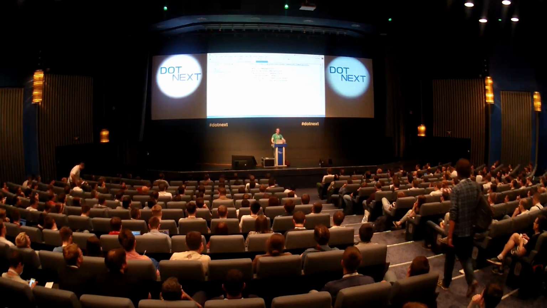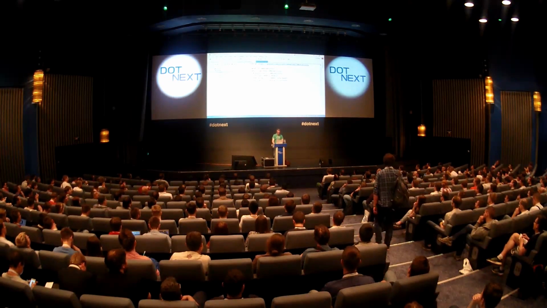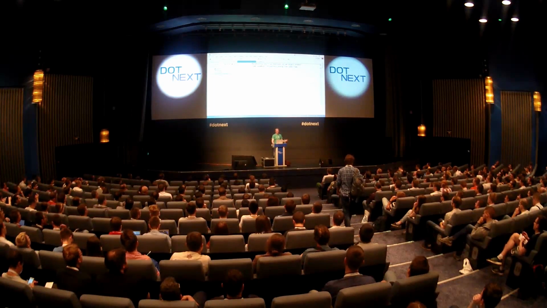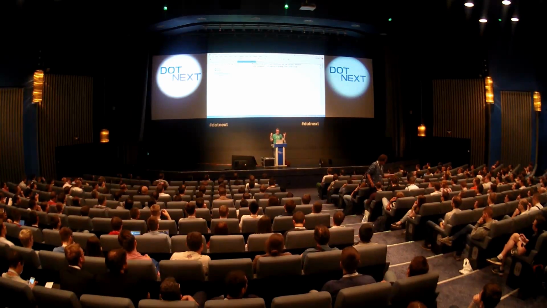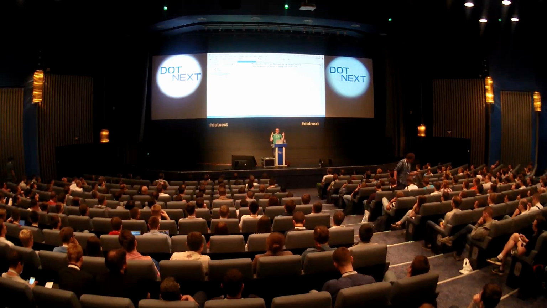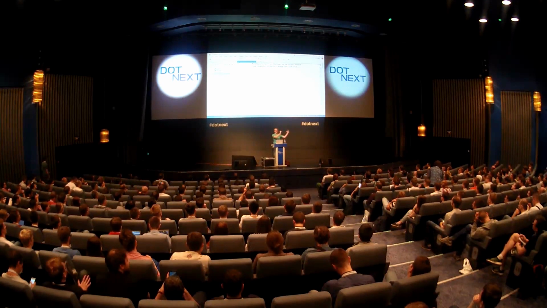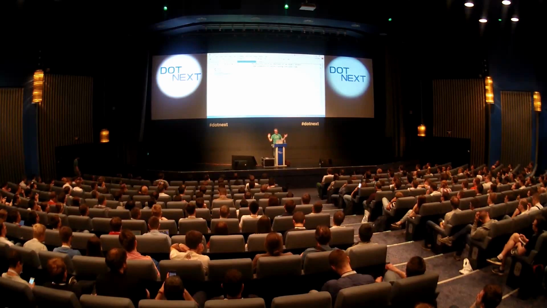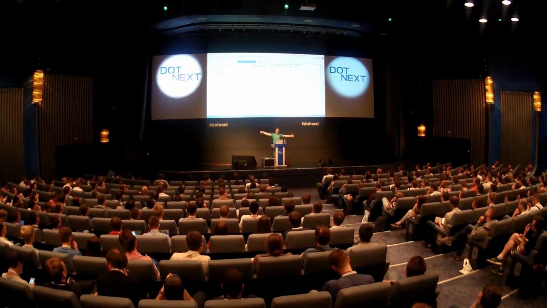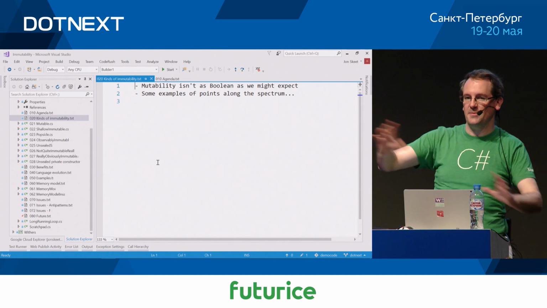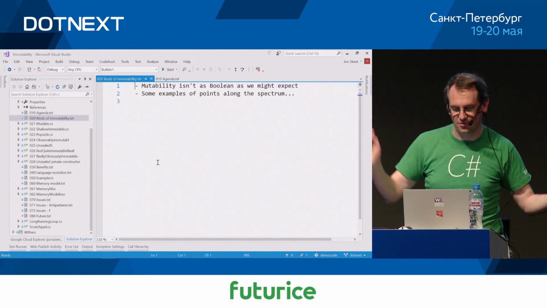Okay, let's talk about immutability. The word immutability means something that can't change. However, the idea of a type being immutable or not isn't nearly as simple as it sounds. We have a whole spectrum of mutability, and I'll give you some examples along that spectrum.